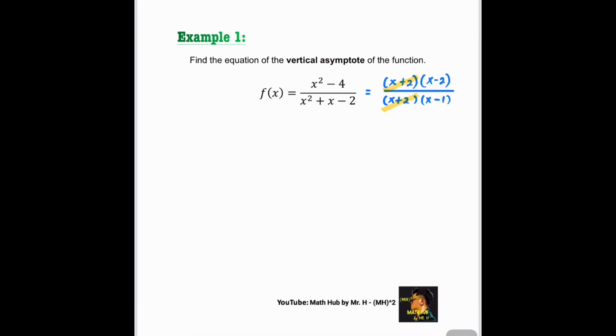If this happens, they are not considered asymptotes. We call it a hole or removable discontinuity. That means that when the given function is graphed, there will be a hole at this point.